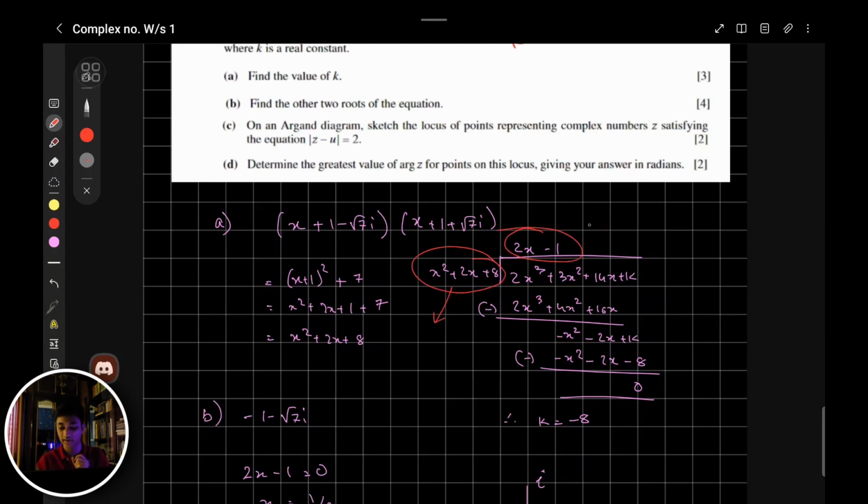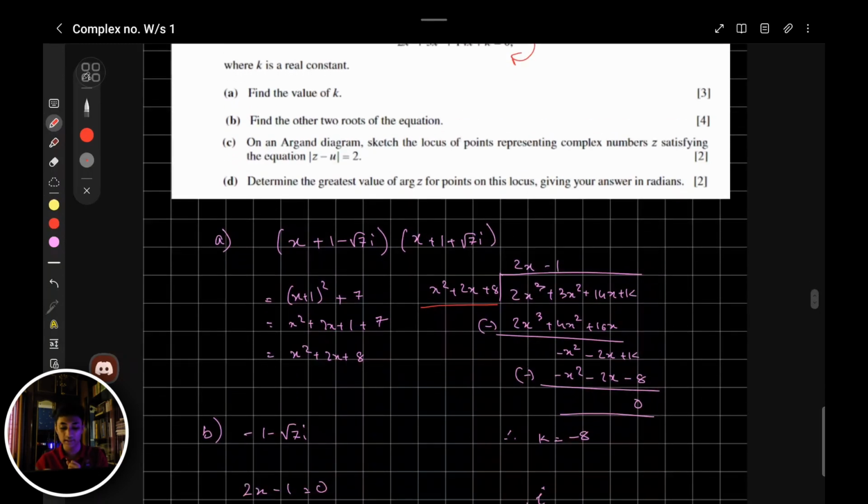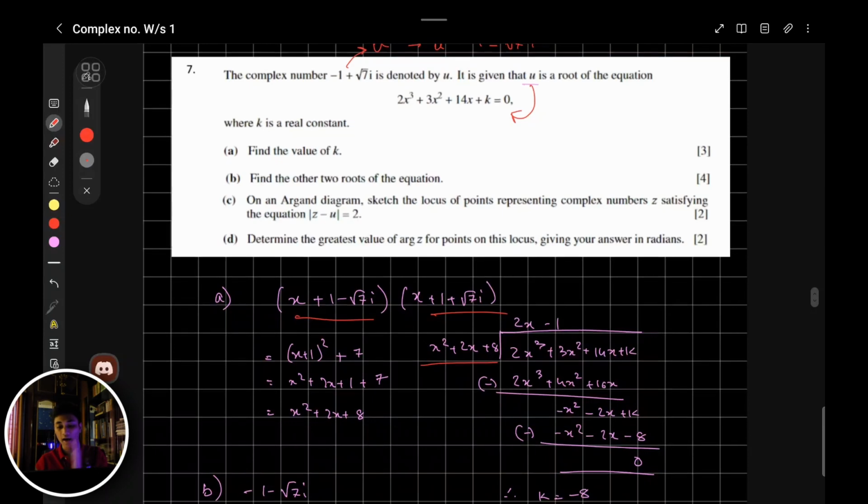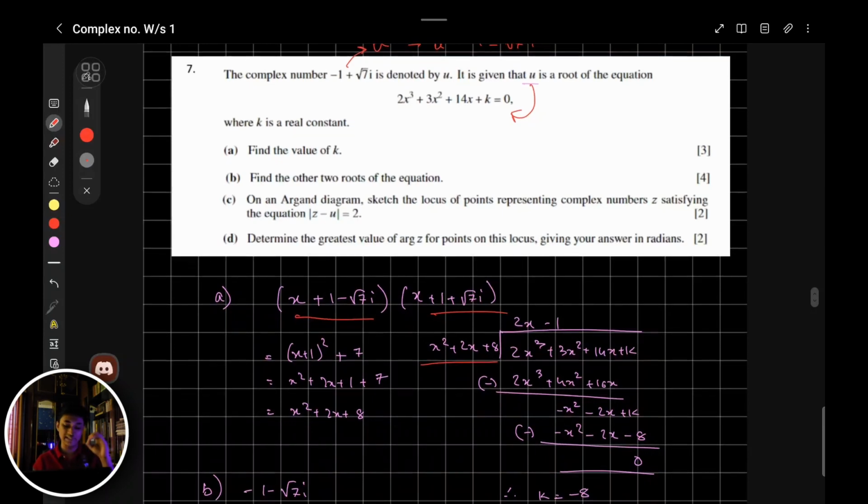This is a quadratic factor and this is a linear factor, right? Since they've told you that both of these are indeed roots of the equation, the remainder is supposed to be 0.